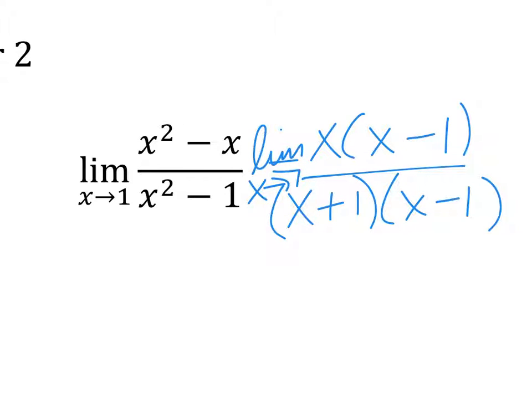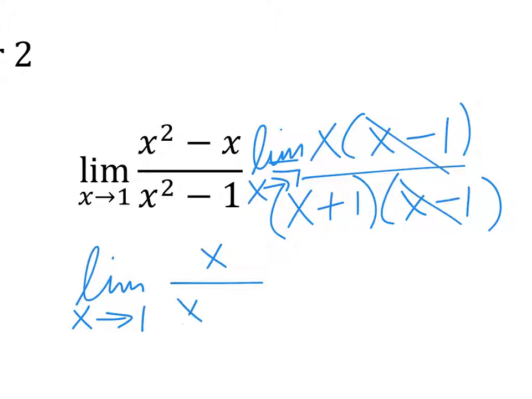So we factor, and then we said this cancels. So the limit as x goes to 1 of that whole function becomes x over x plus 1. And then what do we do now? Plug it in. So we get 1 over 2. Correct? And the only reason we do that is because it was 0 over 0, right?